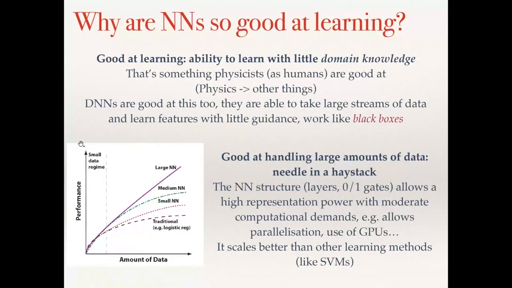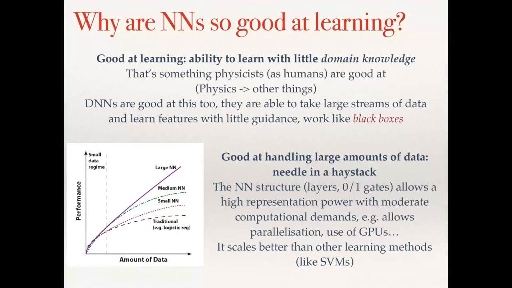And it is known that the performance of neural networks, especially deep neural networks, becomes stable with the amount of data, whereas other methods, for example, this logistic regression I told you about, really suffer with the amount of data. All this minimization process that we need to do, if you just do it the normal way with logistic regression, and you try to do it with large amounts of data, it really suffers from it.